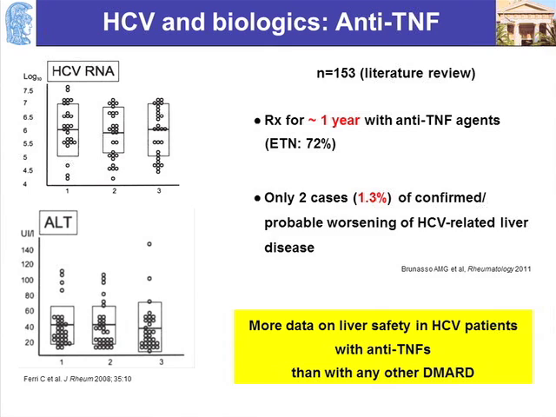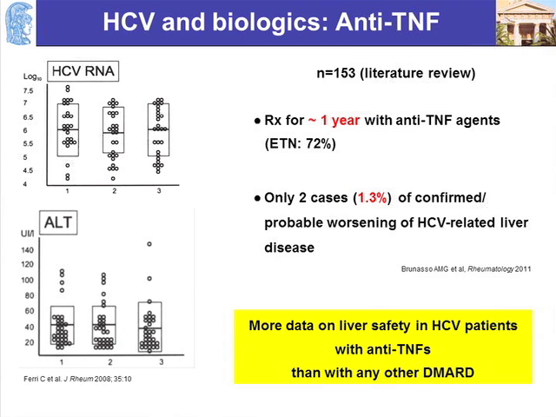How about anti-TNF and biologics in general? I would say from the beginning that we have more data with anti-TNFs than with any other biologic. This is from a recent literature review that was published about a year ago, about 150 patients that were treated over the years with anti-TNFs.